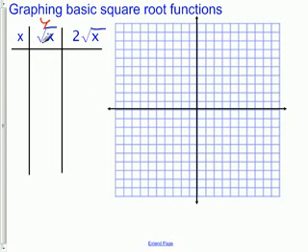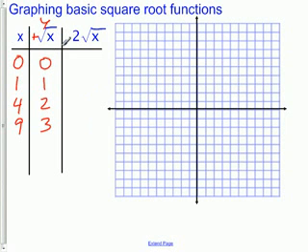We need to be careful about what we put in for x so we can avoid decimals. So I'm going to, of course, put in 0, and then 1, then 4, and then 9. Why? Because these are perfect squares, and then in our function, y equals the square root of x, we can find out what those values are. The square root of 0 is 0, the square root of 1 is 1, the square root of 4 is 2, the square root of 9 is 3.